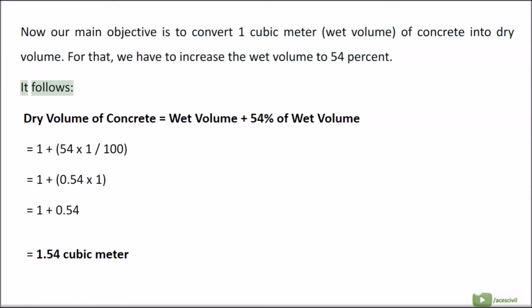It follows: dry volume of concrete equals wet volume plus 54% of wet volume, equals 1 plus 54 x 1/100, equals 1 plus 0.54 x 1, equals 1 plus 0.54, equals 1.54 cubic meter.